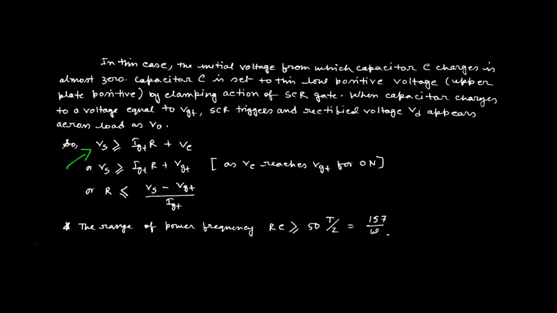Okay, that means after simplification, as Vc reaches Vgt for on state, Vs must be greater than or equal to Igt into R plus Vgt.